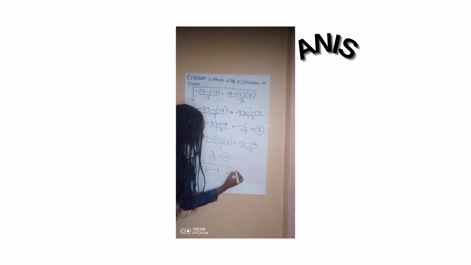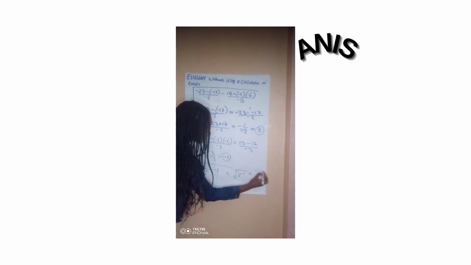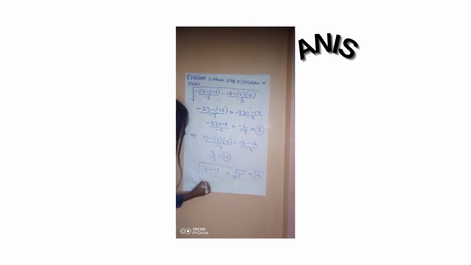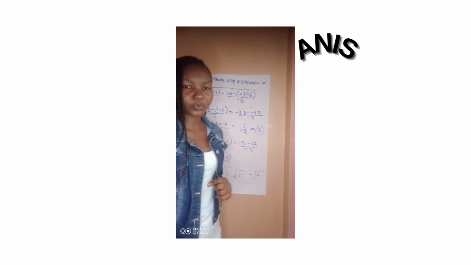So this one is same as the square root of 3 plus 1, which is equivalent to the square root of 4. 3 plus 1 is 4. So our answer here is 2. Well, it can be plus or minus 2. That is the answer. You can give your answer as positive 2 or negative 2.